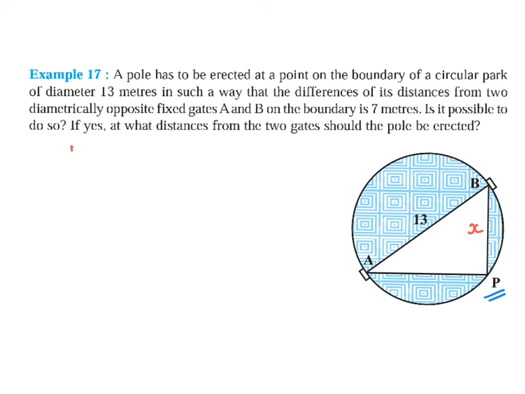That means BP minus AP is going to be 7 meters. BP, we have taken to be x, minus AP is 7 meters. So AP is going to be x plus 7 meters.